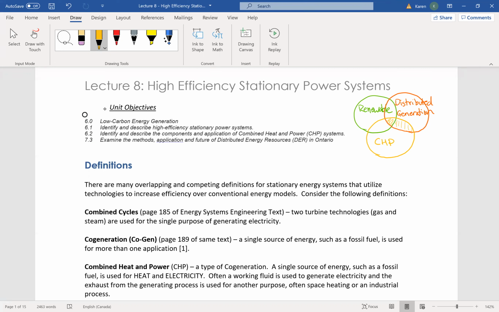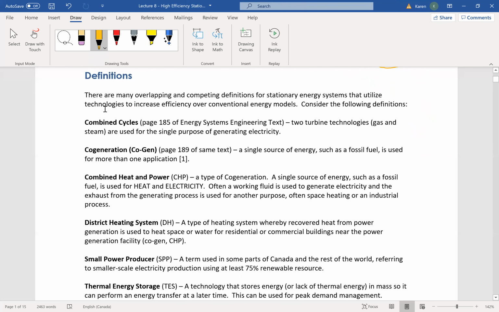So when you're looking at these low carbon technologies or plans for the current and future, please remember that there are quite a lot of overlapping definitions, and this is an example of how CHP overlaps in those definitions. So I have taken quite some time to pull a lot of the overlapping and competing definitions for essentially stationary energy systems that utilize technologies to increase efficiency over conventional energy models like burning stuff.